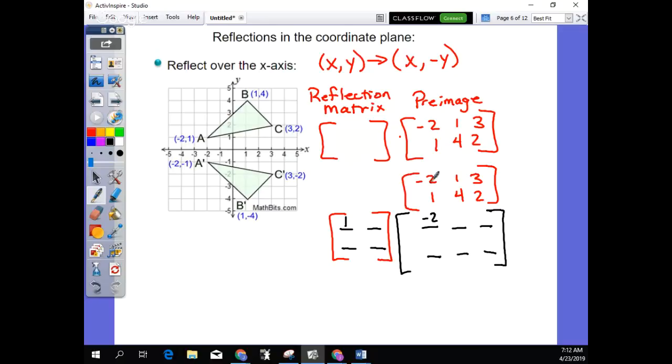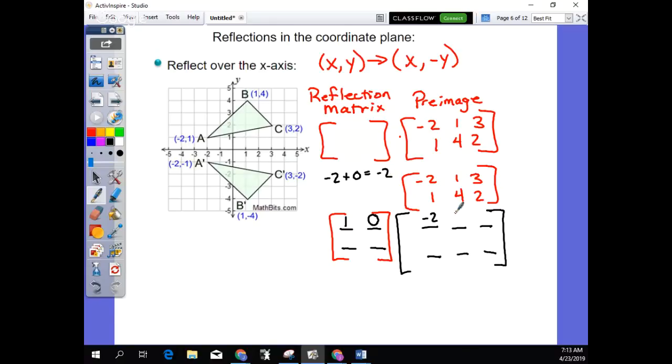That'll give me a -2. But I don't want to add anything to that. Adding anything to that would knock me off -2. So if I put a 0 here, now 1 times -2 would give me my -2, and 0 times 1 would be 0, and -2 plus 0 keeps me at my -2. So I need a 1 and a 0.